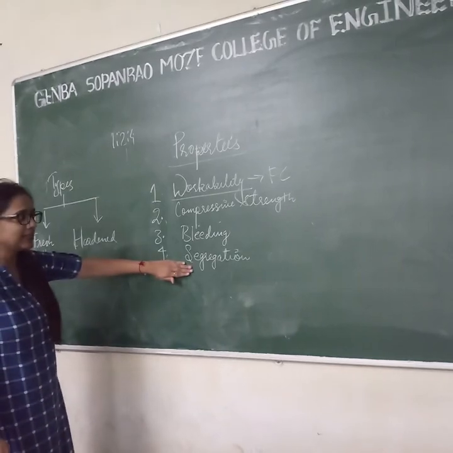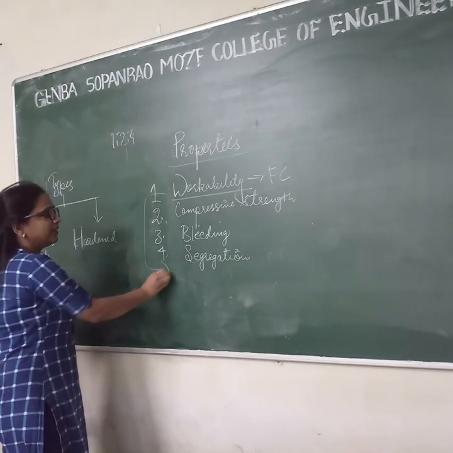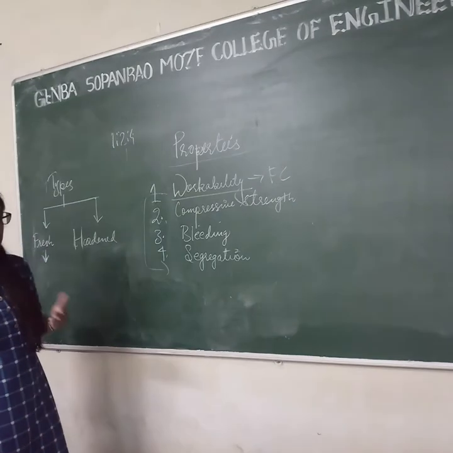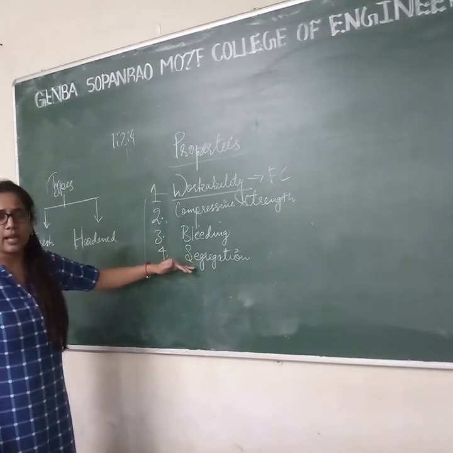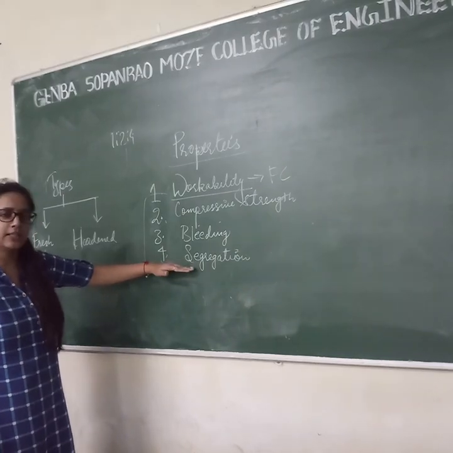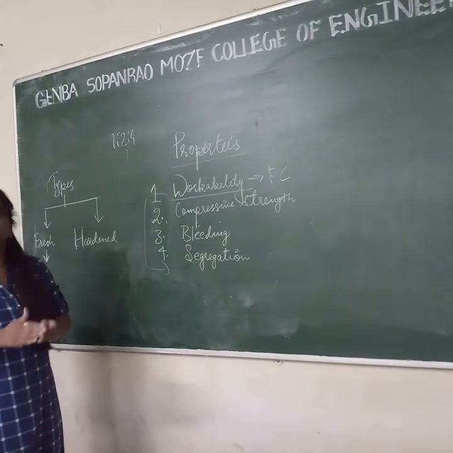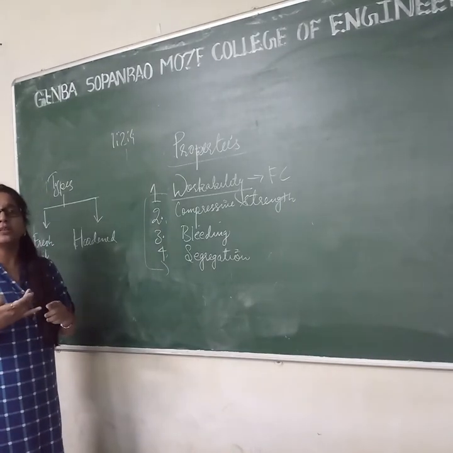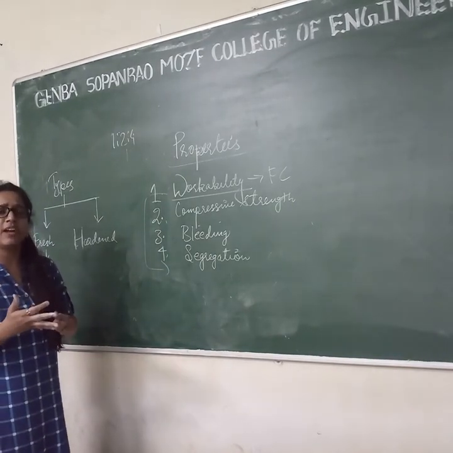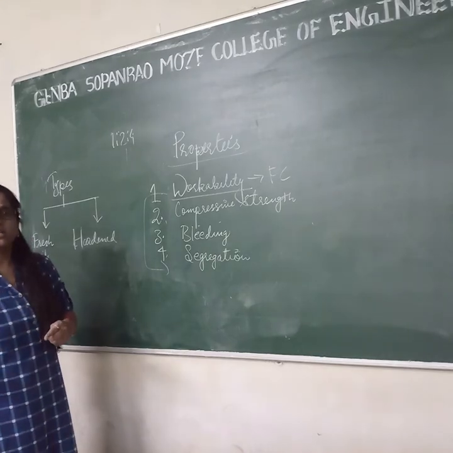Now what is segregation? When the workability is not attained in the required form, segregation can also happen. Segregation means disintegration of all the materials the concrete has. Concrete comprises cement, fine aggregate, coarse aggregate and additional material.